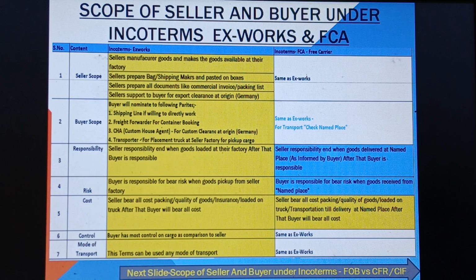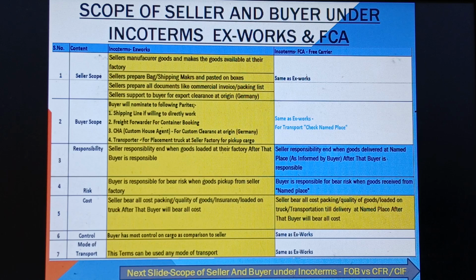Second is the freight forwarder, if I am working with a freight forwarder for container booking. CHA also I need to appoint at origin and destination as well. I will contact at origin for customs clearance at origin, Germany. Fourth is the transporter for truck placement at the seller's factory for cargo pickup.